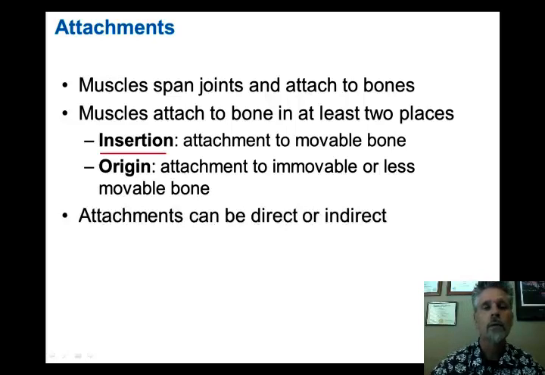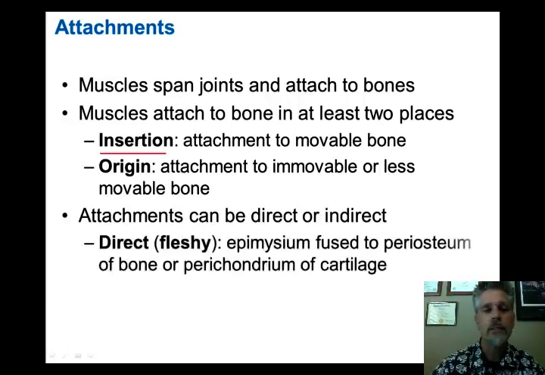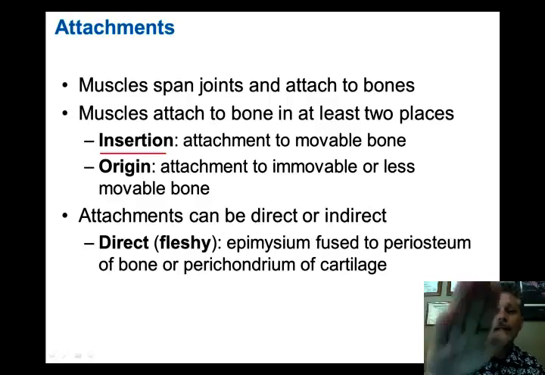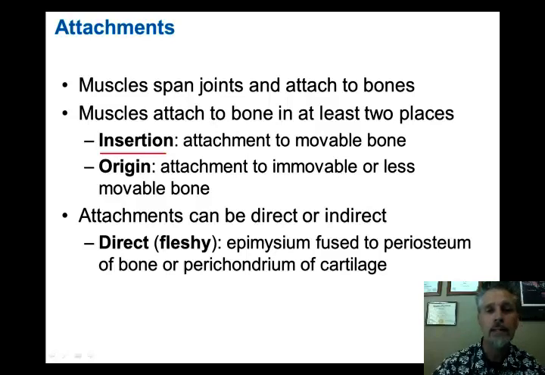When we look at them, the attachments themselves can be direct or indirect. It all depends on the type of muscle, the shape of it, the ligament or the tendon shape, etc. The direct is where we see the epimysium and that tendon going right into the periosteum, the layer on the outside of the bone.